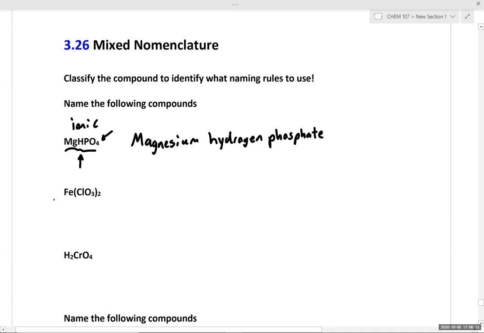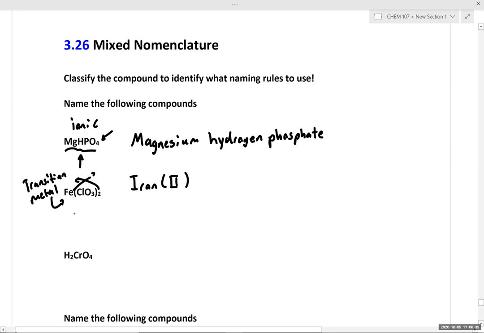Looking at this next example, iron is a transition metal. And because transition metals can adopt a variable charge, we need to name this compound a little bit carefully. So the name for this compound would be iron 2. Where do we get the 2 from?